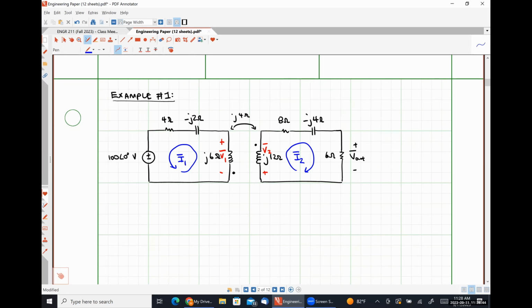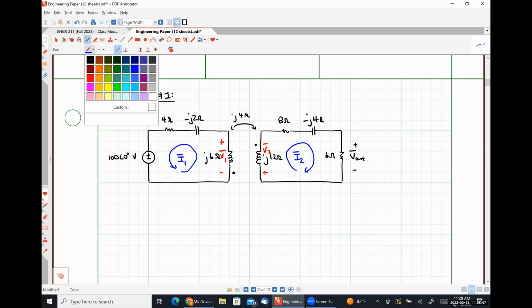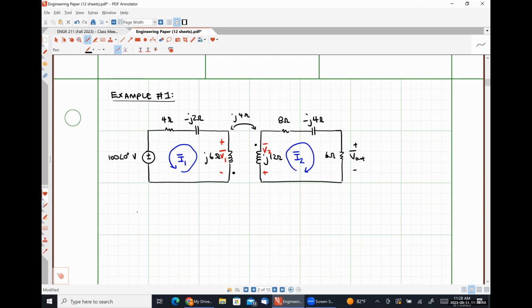So a self term like L dI by dt, well, in the frequency domain, that's going to be J omega L times I. So that's just going to be the impedance times the current, right?